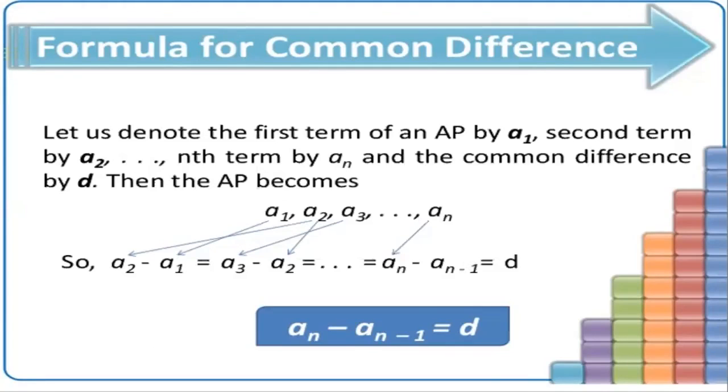So the formula for common difference is an minus an minus 1 is equal to d. Students, I hope it's clear to you. Let us proceed and it will be more clear to you what we are talking about.